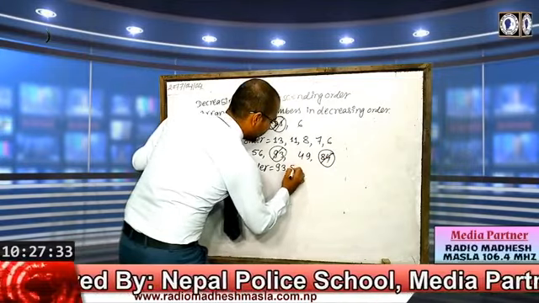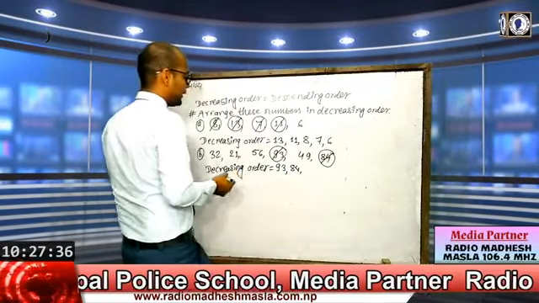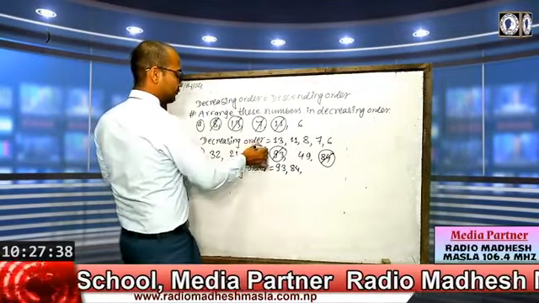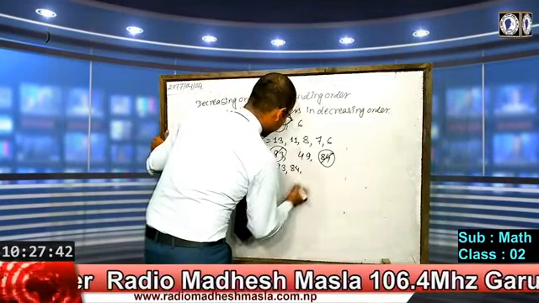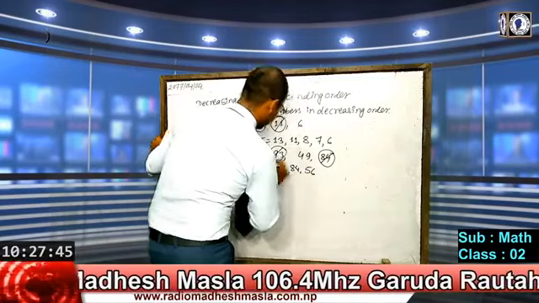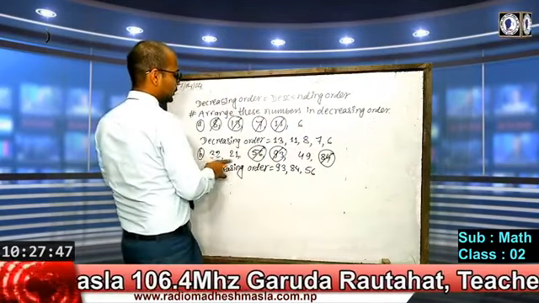Then after 84 we have 56, from the remaining numbers which is greatest. Then we have left 32, 21, 49.